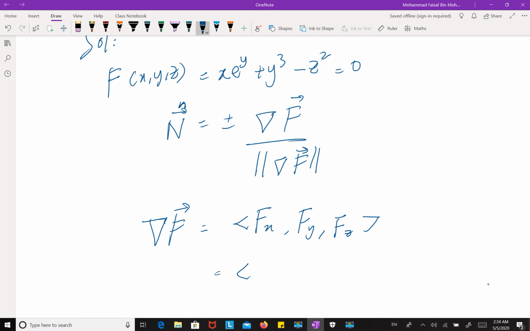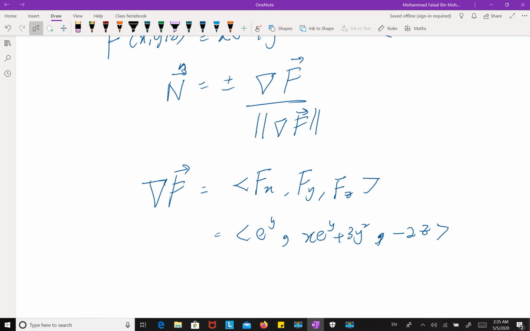Then for Fy, it will be x e^y plus 3y^2. Then differential with respect to z, it will be negative 2z. Or we can write it in ijk form, no problem.